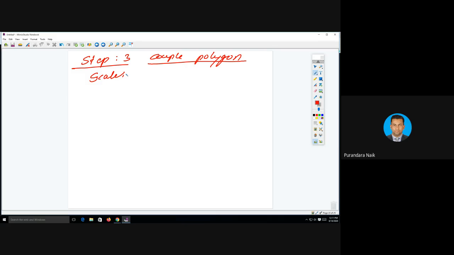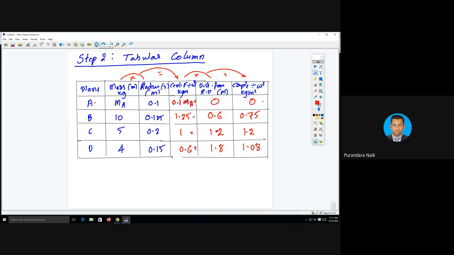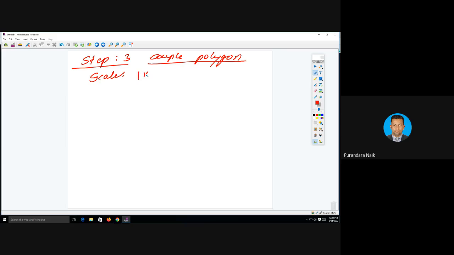The maximum couple value is 1.2, so you can take a 5:1 scale. 1 kg meter square is equal to 5 centimeter.